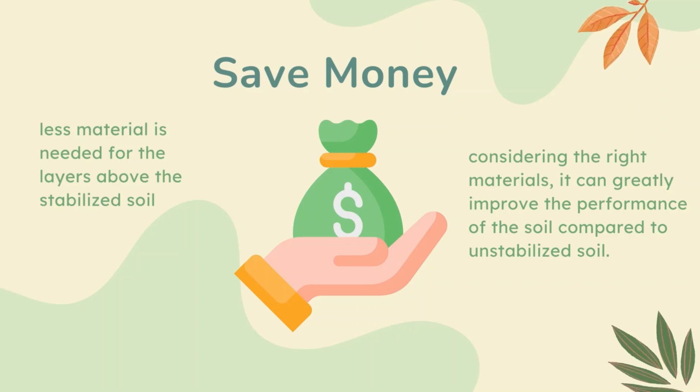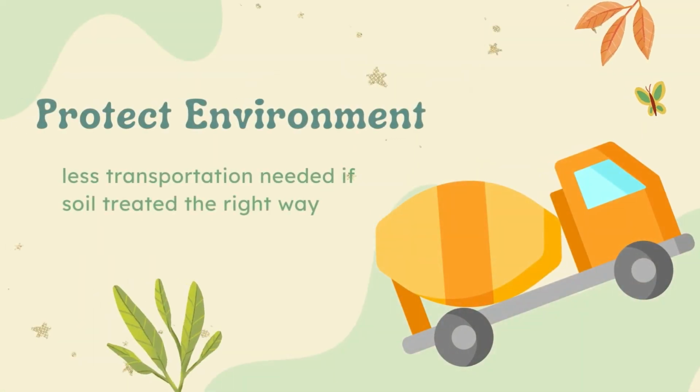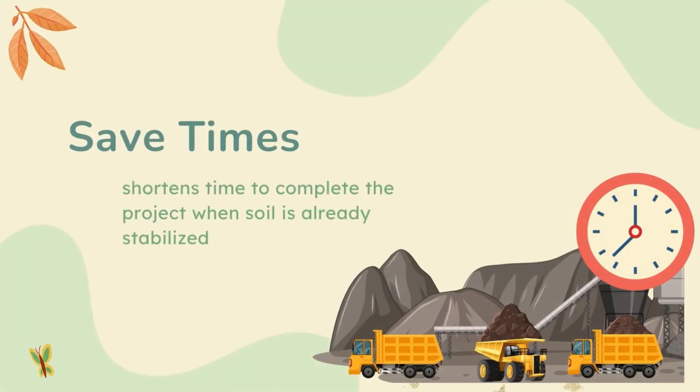You can consider the right material that can greatly improve the performance of soil compared to unstabilized soil. The third one is to protect the environment. Less transportation is needed if soil is treated the right way. The last one, that you can save time. Shorten time to complete the project when soil is already stabilized.